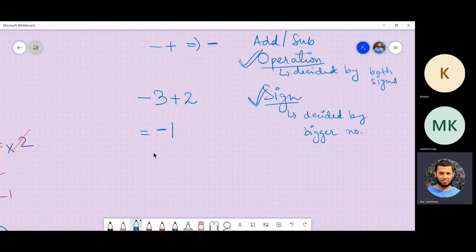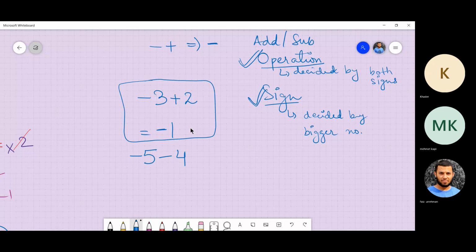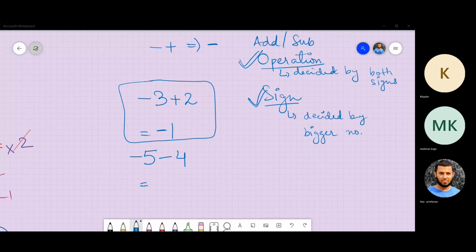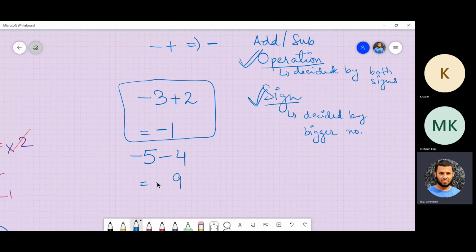Now tell me this one: -5, -4. What operation will we do, addition or subtraction? Addition. So add them: -9, and the sign of the bigger number. Tell me this one: -7 plus 3. -4.